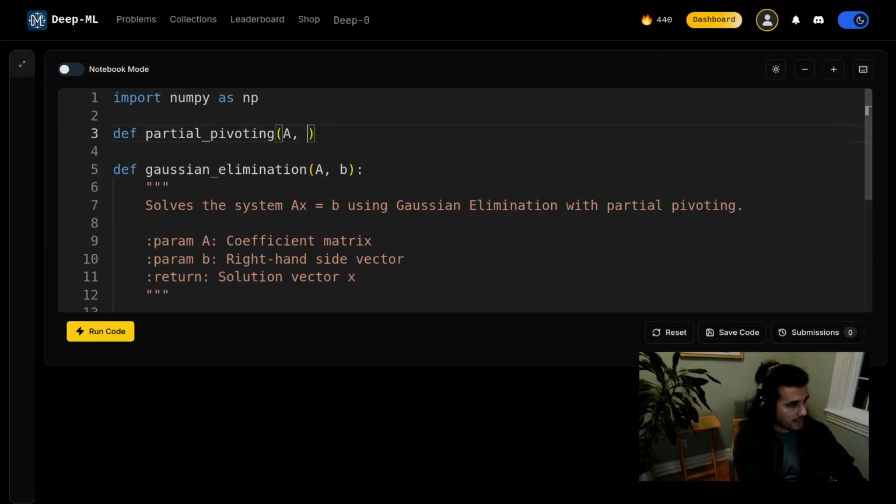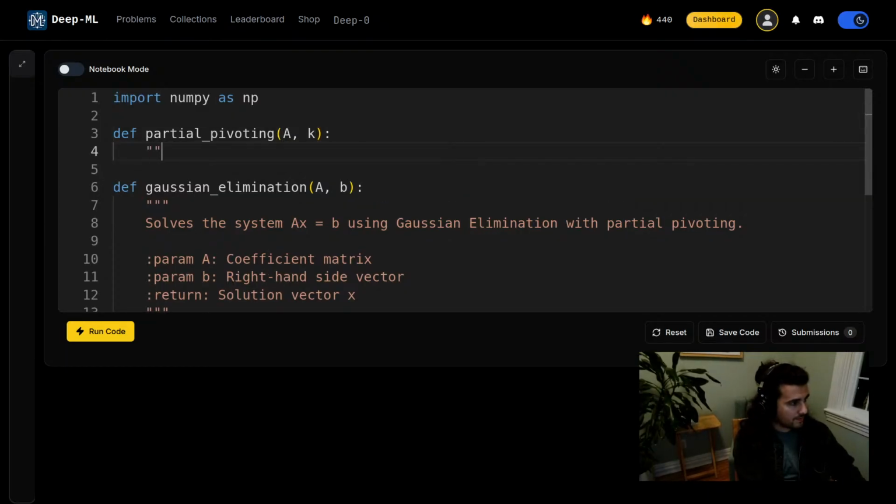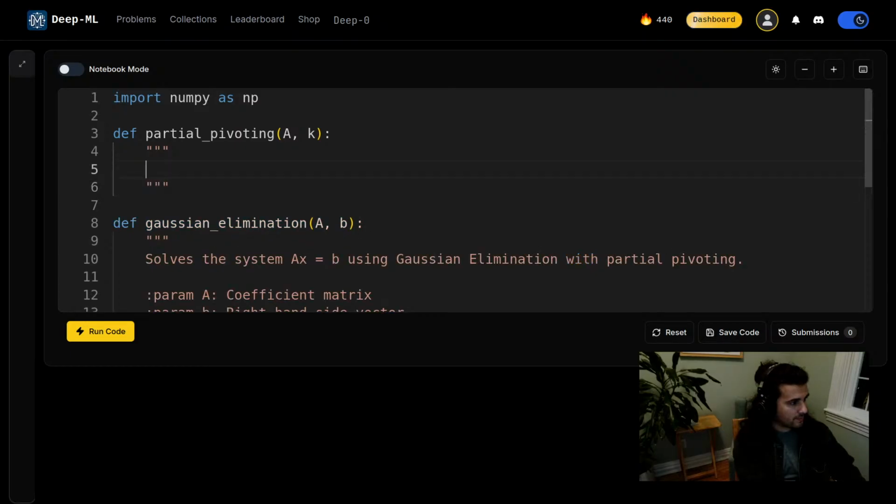So I'll take the A, and I'll take a K, right? And then here, find the highest absolute value from a range, from row starting at row K and above.